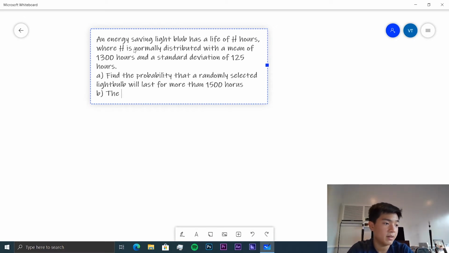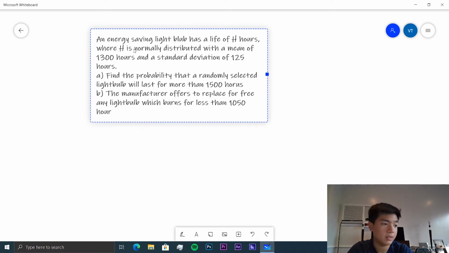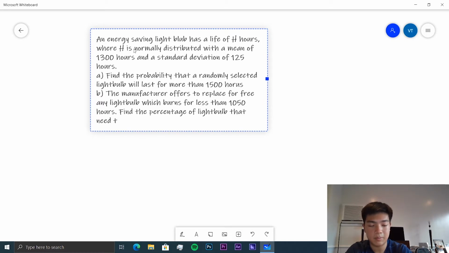Next, the manufacturer offers to replace for free any light bulb which burns for less than 1,050 hours. Find the percentage of light bulbs that need to be replaced.